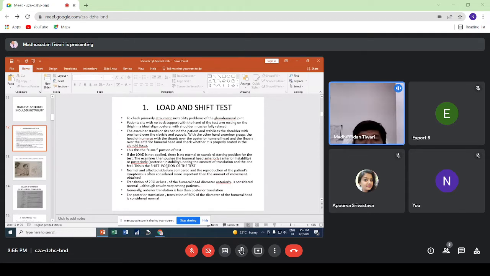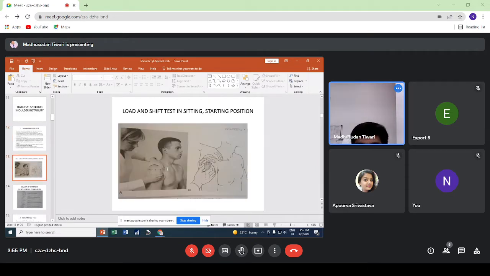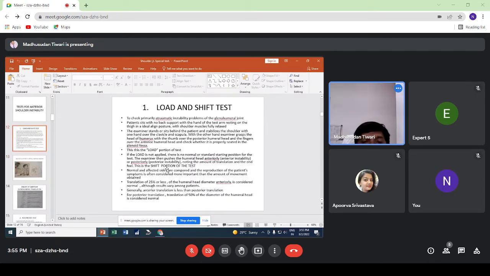With the other hand, the examiner grasps the head of the humerus, with the thumb over the posterior humeral head and the fingers over the anterior humeral head, and checks whether it is properly seated in the glenoid fossa or not.